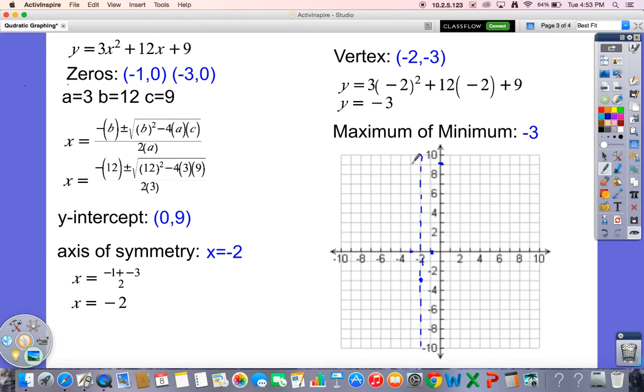If I go 2 spaces on the other side of that line at the same level, that is where I have another point. I'm now going to work on drawing in my U shape going through the points that I've plotted. And there is my graph.